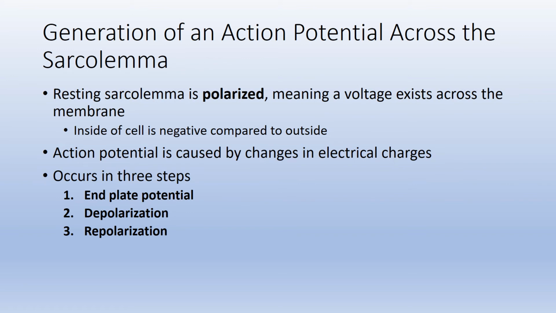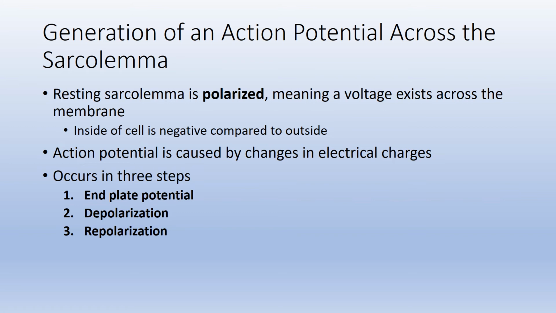Now you might be wondering, how do we have electricity in our body? If you remember from Unit 1, we talked about the membrane potential, or this term depolarization. This comes about because there's a voltage difference across the plasma membrane of a cell.